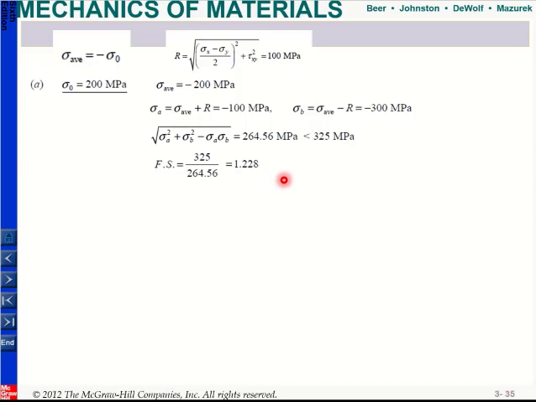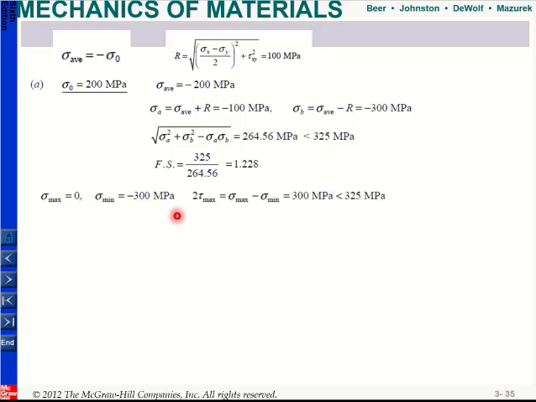In this case, we also want to look at what happens if we use the maximum shearing stress criterion. Since these have the same sign, this is minus 100, this is minus 300, which means that your maximum stress will be equal to 0 because we are in plane stress, and I know that my third principal stress is 0, and your minimum stress will be equal to minus 300.